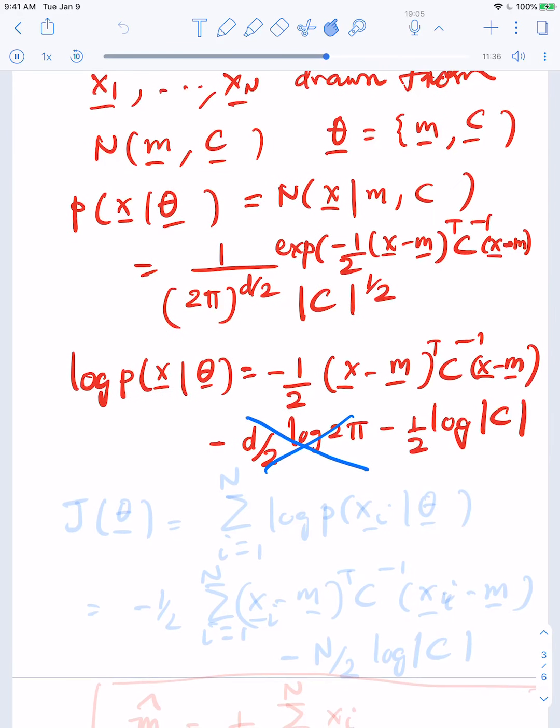And of course, I want to maximize the sum of the log likelihoods over the entire set of data points.